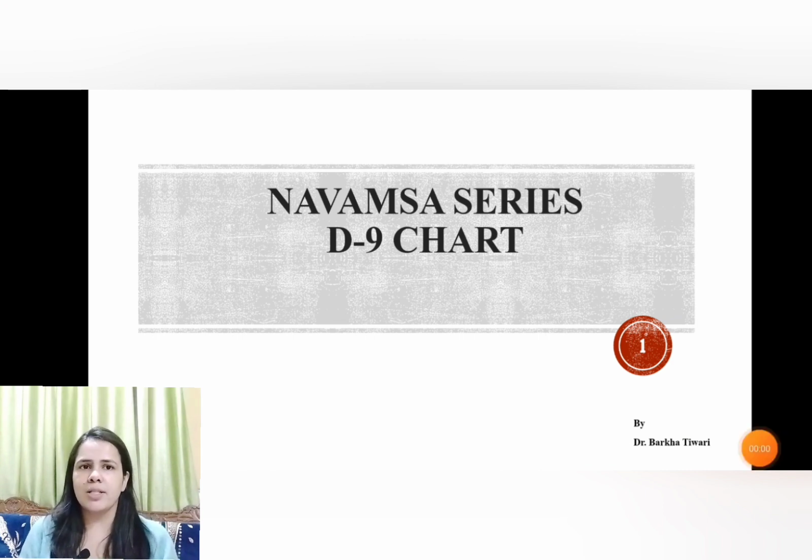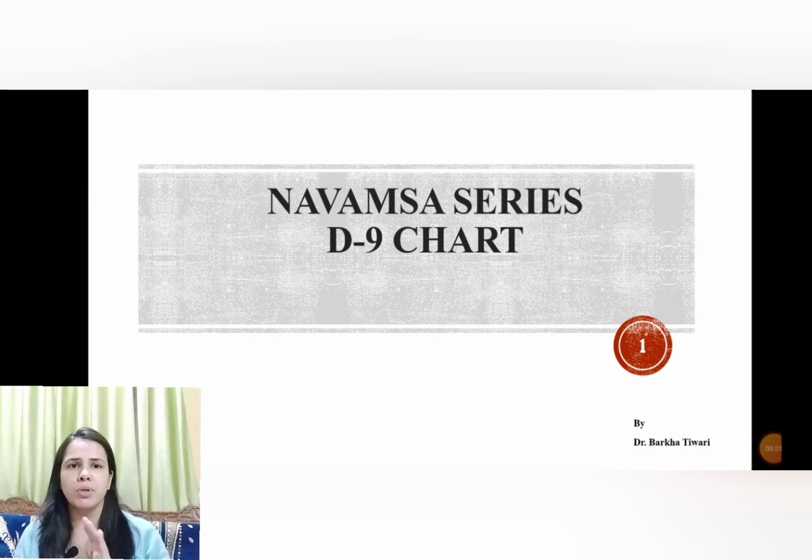But what does it indicate? Some people might tell you that it gets activated after marriage, or some will say, oh, if this planet is placed in this Navamsa, it gives this result. Vaguely, they will talk about anything. But one thing you need to keep in mind while understanding Navamsa is that it gets activated from your birth only.